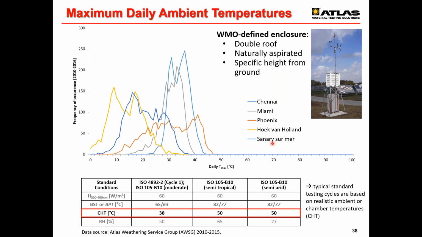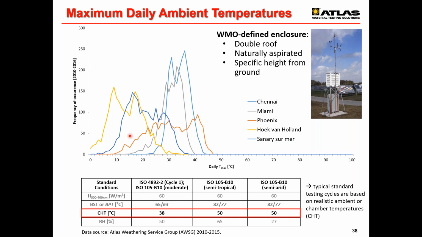So just to give you some numbers on typical maximum daily ambient temperatures we observe in our outdoor fields, we have here data from Chennai in India, Miami in Florida, Phoenix, Arizona, Hoek van Holland in the Netherlands, and Sainte-Maxime-sur-Mer in southern France.